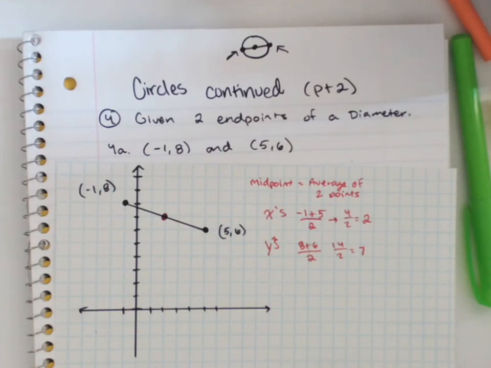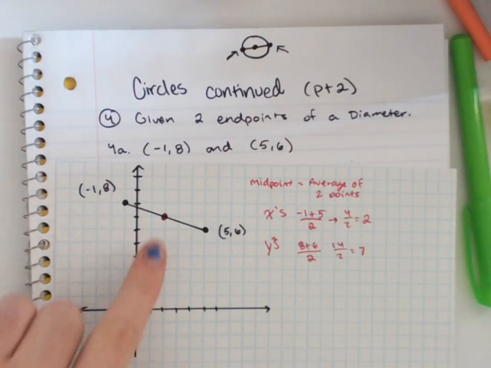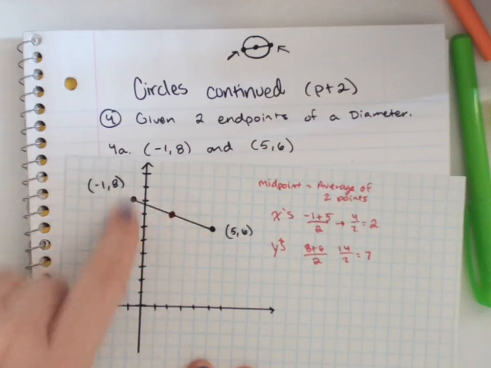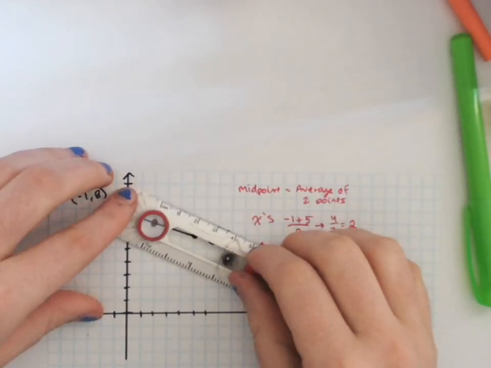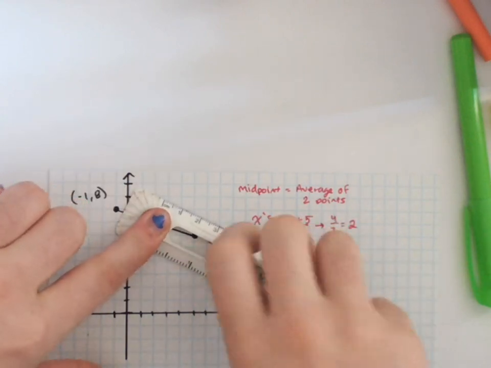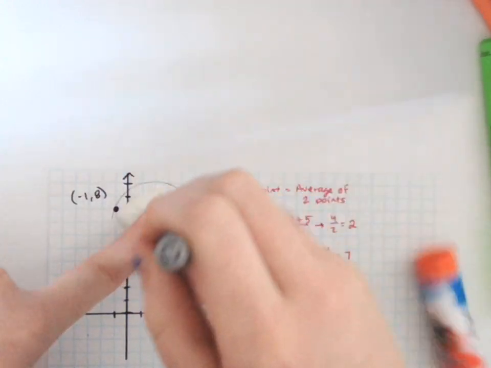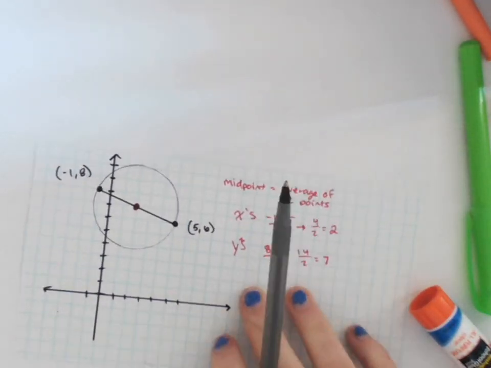Just to expand our visual, I'm going to draw a circle starting at this center and see if it hits both my points. So we'll take this off there for a second. Alright.